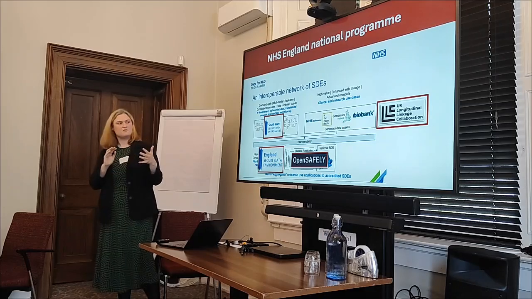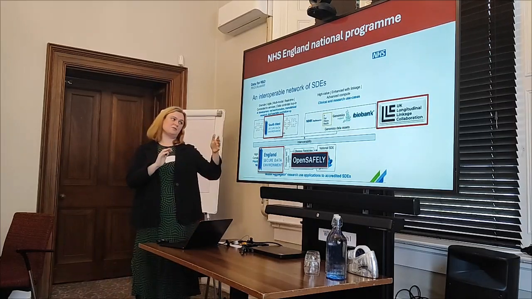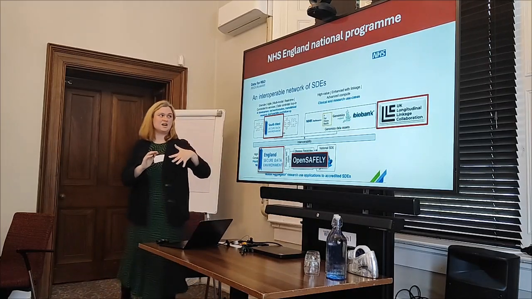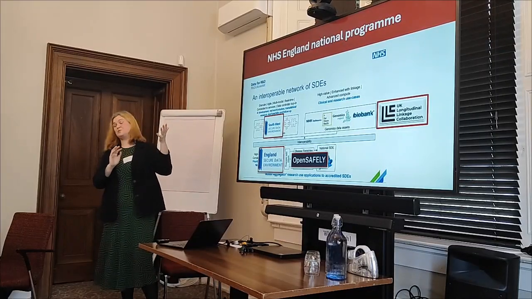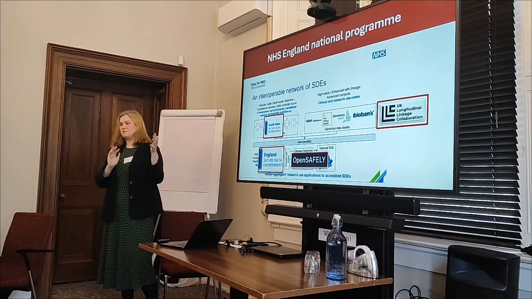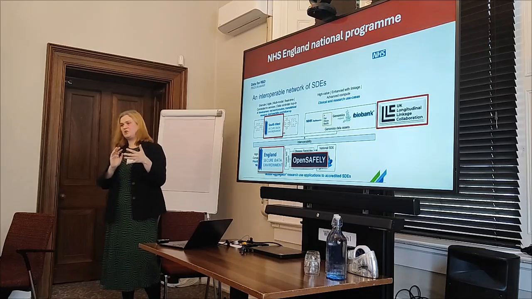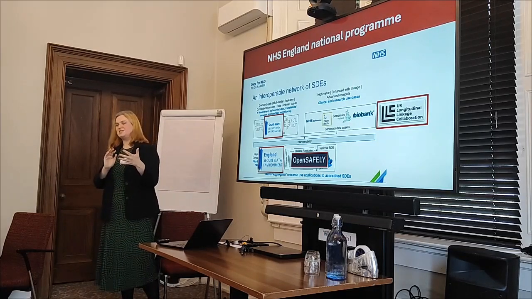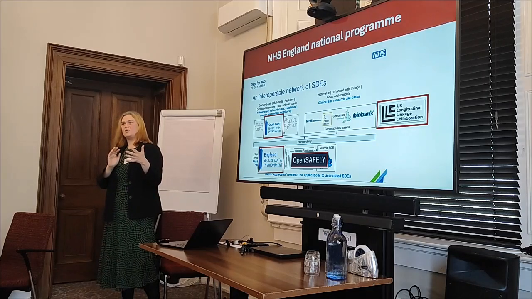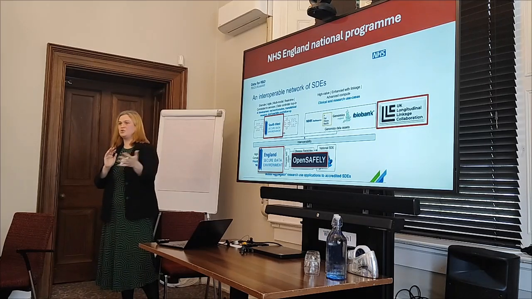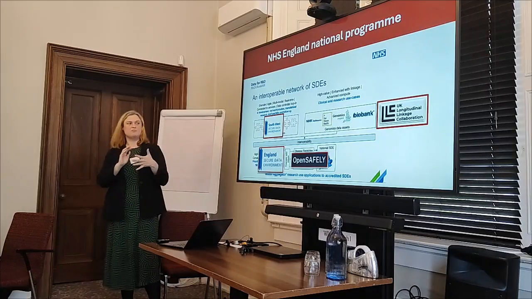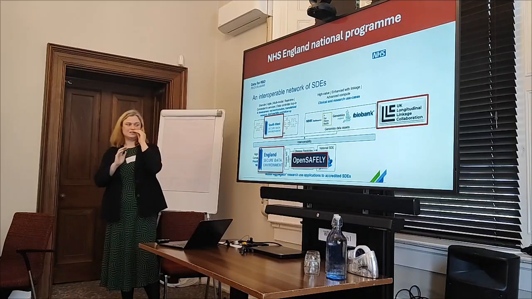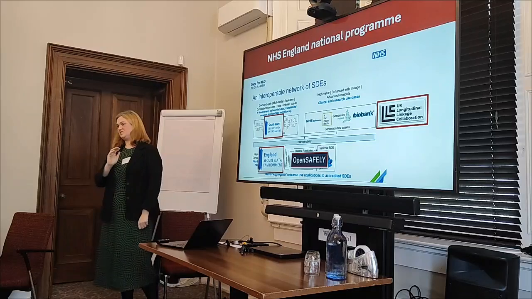And part of my job with the Southwest Secure Data Environment as research lead is to highlight that secure data environments are best practice. It's what the government have said we should be doing, but the commitment from researchers and large research programmes isn't trivial. And how we can do that as a group and large programme and community, how best to do that, I think, is still up for debate.